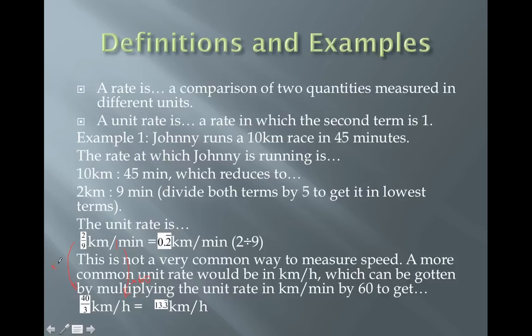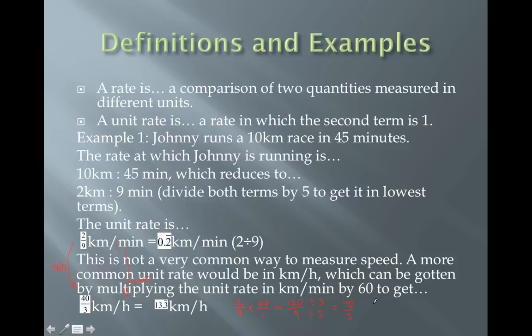If we multiply 2/9 by 60, then this is something that takes a little bit more work if you don't have a calculator. 2/9 times 60, 60 is 60 over 1, and so 2 times 60 gives you 120, and 9 times 1 gives you 9. If you divide the top and the bottom by 3, then this will reduce it to lowest terms, and that's how you get the 40 over 3.